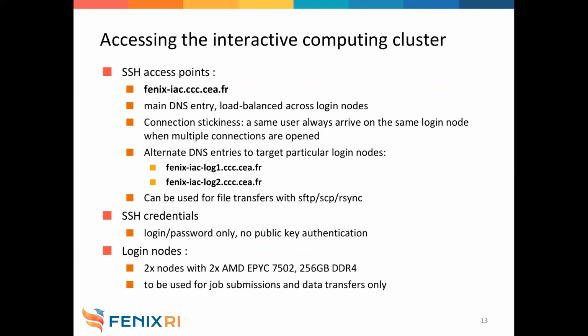There is also a mechanism that ensures that all your connections go through the same login node, which may be convenient if you have multiple connections that share the same resource on the login node. Alternatively, you can address each of the login nodes independently using the addresses -log1, -log2 listed on this slide.